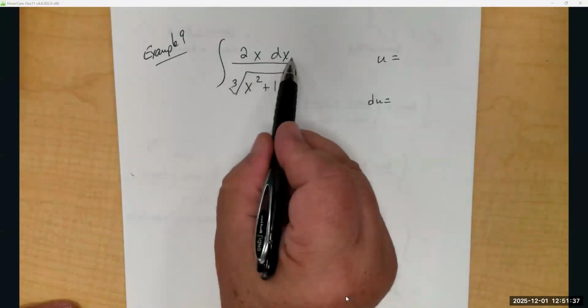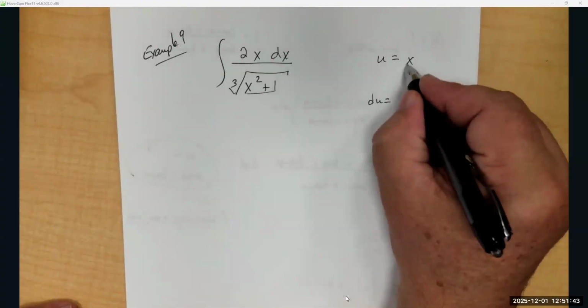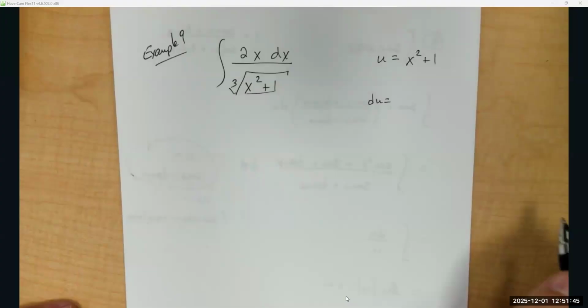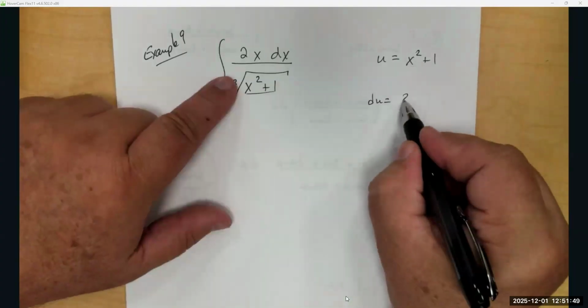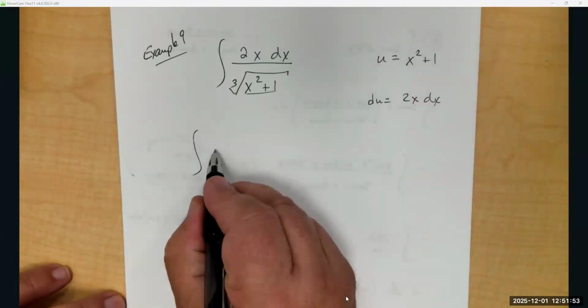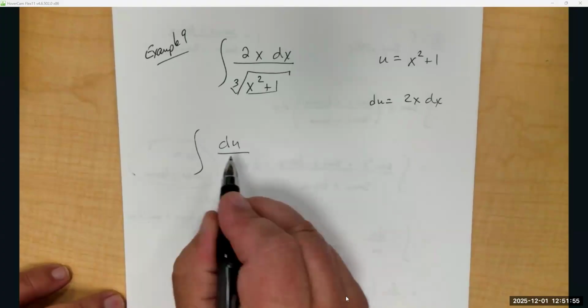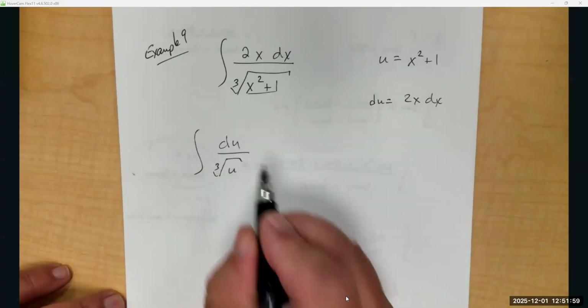Because we want it to be 2x dx. So our u will simply be the inside, because when we take the derivative of that, we'll get 2x dx. So we have du over cube root of u.